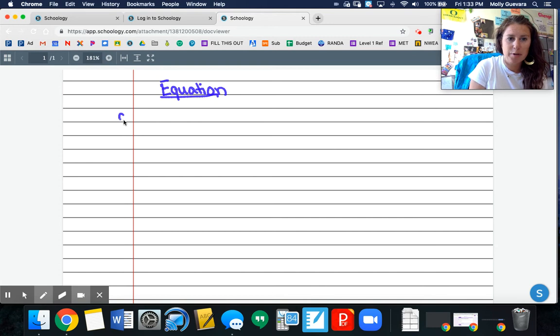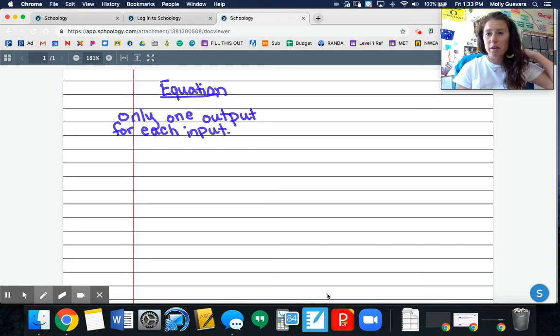And it's pretty much what we've been saying this whole time, right? Only one output is allowed for each input. So only one output per input, meaning if I plug a number into the equation, I can only get one number out. I cannot get two different numbers out.